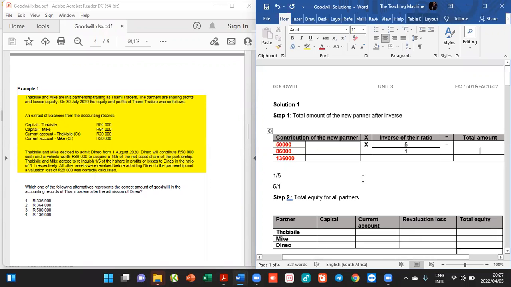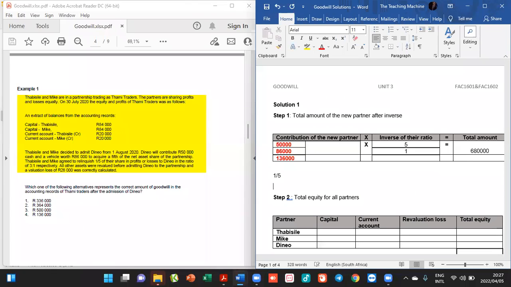Now how much is 136,000 times 5 divided by 1? 680,000. Yes. Step number 2, total equity for all partners.